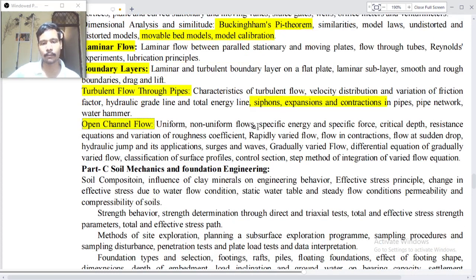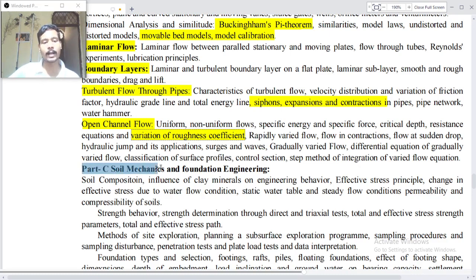Uniform and non-uniform flows, specific energy and specific force, critical depth, resistance equation and variation of roughness coefficient, rapidly varied flow in contractions, flow at a sudden drop, hydraulic jump and its applications. Surges and waves, gradually varied flow, differential equations of gradually varied flow, classification of surface profiles, control sections, step methods of integration of the varied flow equation.